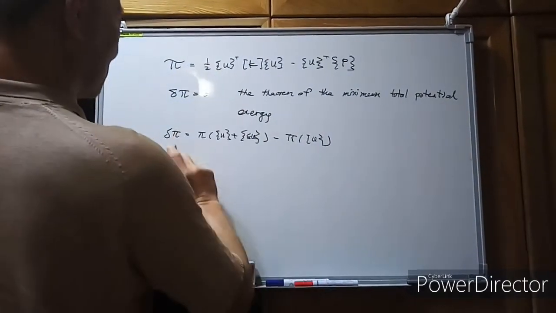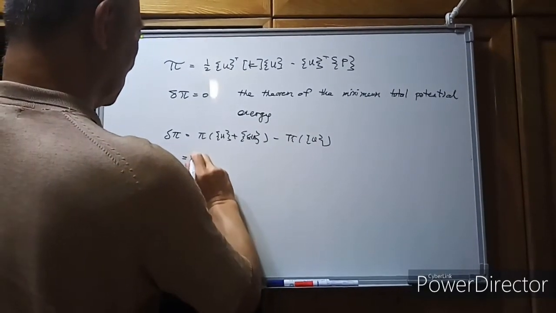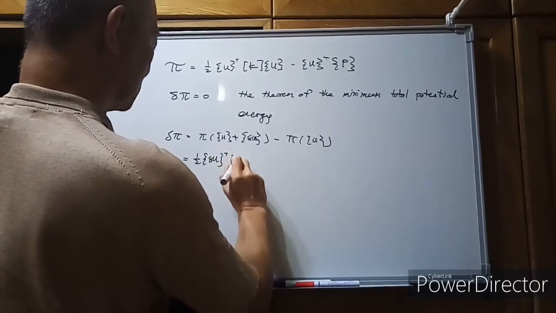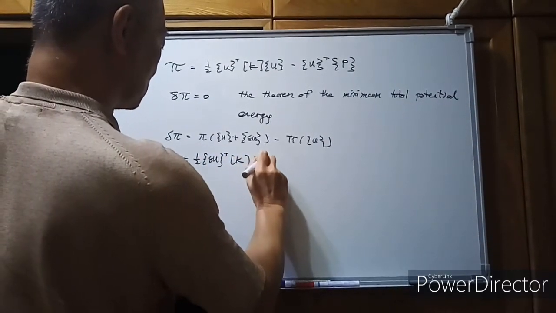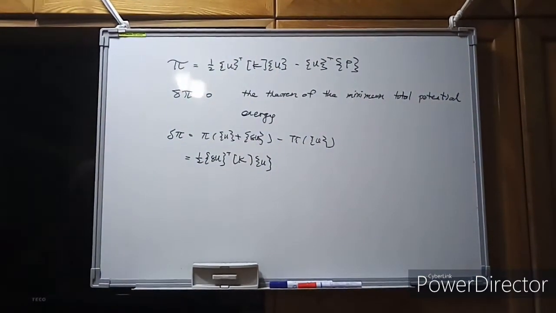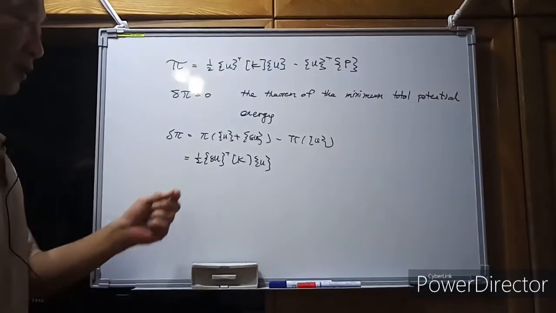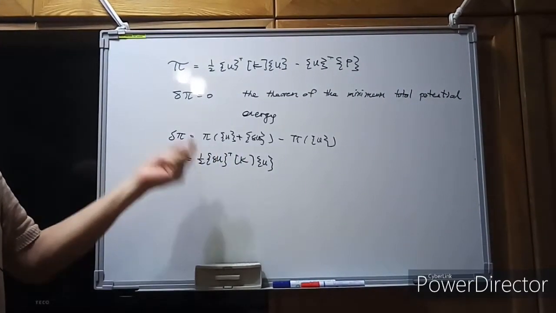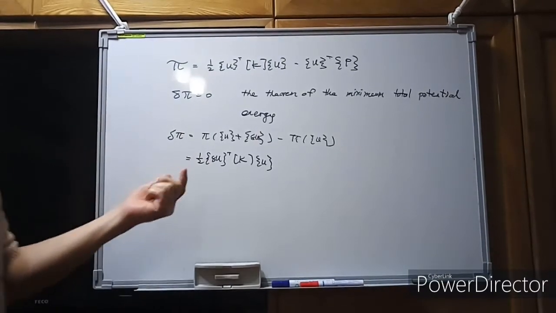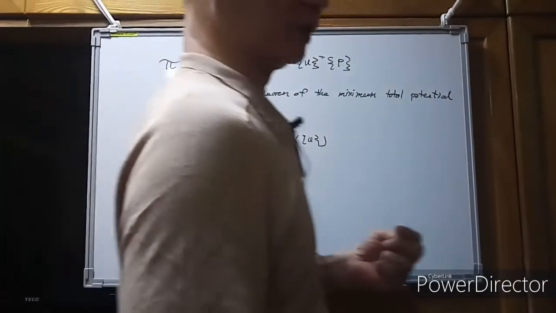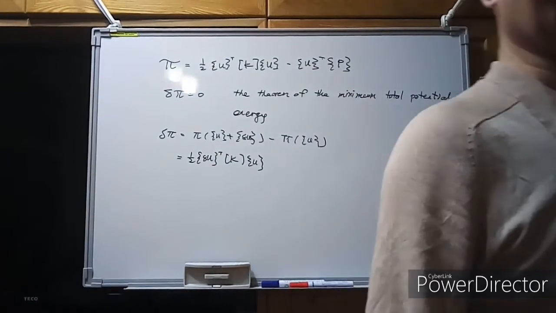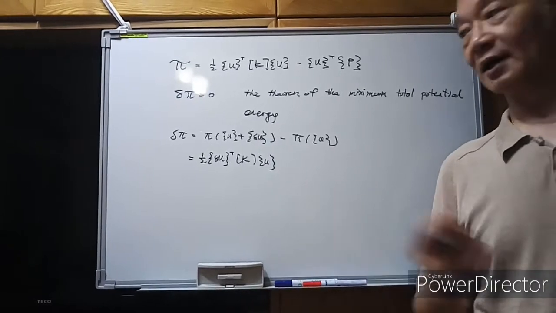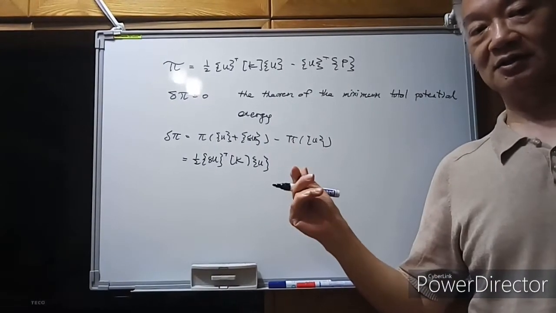So if we take the delta pi, it will be 1/2 delta u transpose k u, since the second and the third are unchanged. Then we need to take the variation of the k matrix, but we cannot vary anything in the k matrix. When we calculate the k matrix, it is related to the geometry, those input xi and yi coordinates, and they are known values.